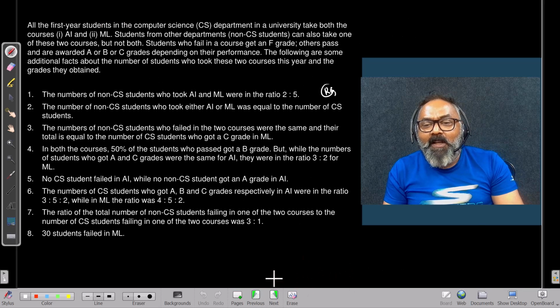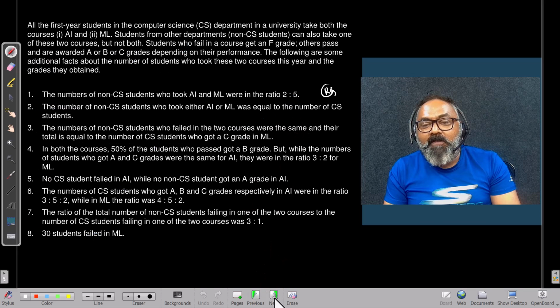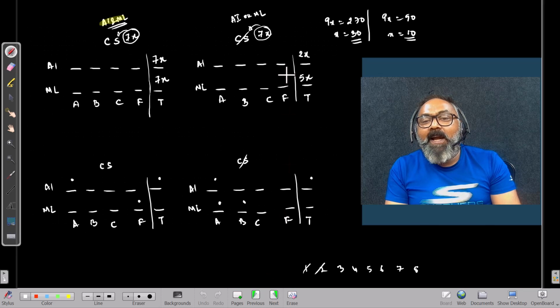We go to 3. The number of non-CS students who failed in 2 courses were the same. Number of people who failed in both the courses were the same. So let's call this y and y.